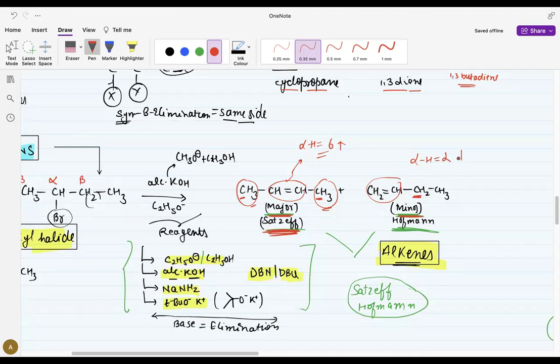Therefore these alpha hydrogen are less, substituents are less, therefore these are known as Hofmann alkene. So if someone asks you which one is Hofmann alkene, which one is Saytzeff alkene, which one has more alpha hydrogen is known as Saytzeff alkene, which one has less alpha hydrogen is known as Hofmann alkene.